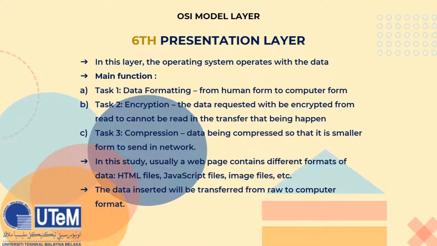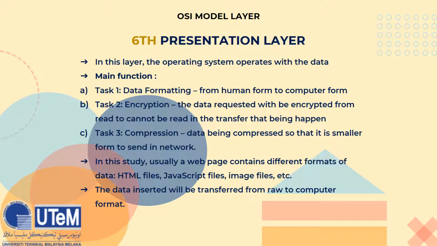Then the presentation layer. In this layer, the operating system operates with the data. The main function has 3 tasks. The first one is data formatting, from human form to computer form. The second one is encryption. The requested data will be encrypted from readable to unreadable during the transfer. The third is compression.